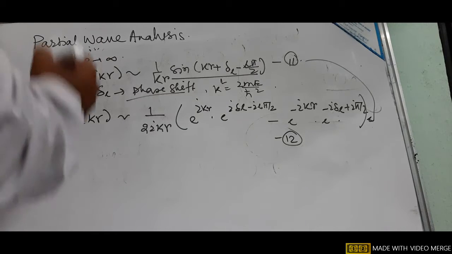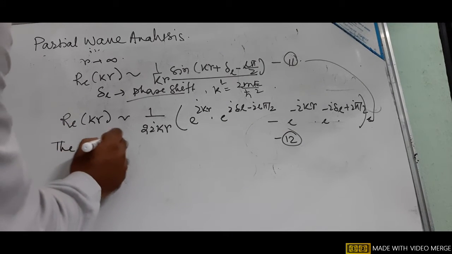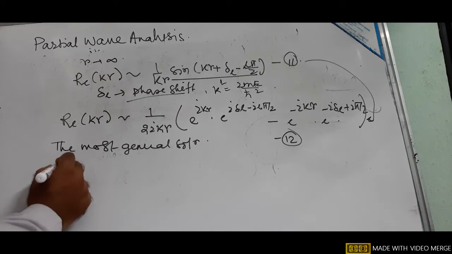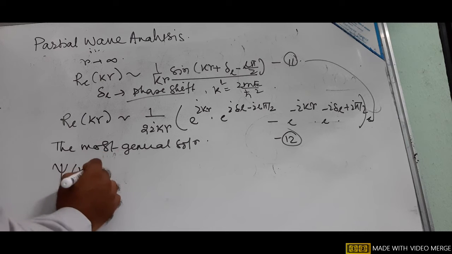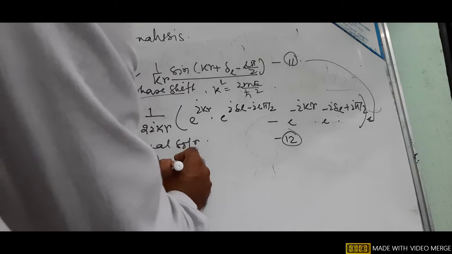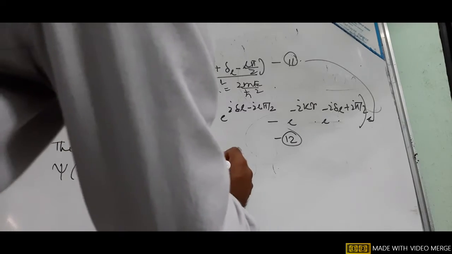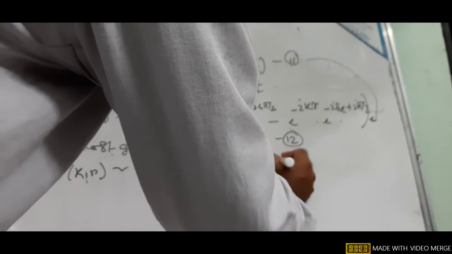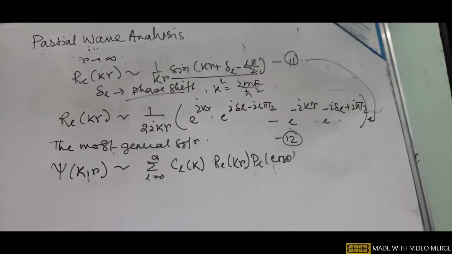So therefore the most general solution, that is psi(r), is equal to the summation L equal to 0 to infinity of C_Lk R_l(kr) and then P_L(cos theta), the Legendre polynomial, the radial part, and then there is a constant C_Lk, which is a function of k.